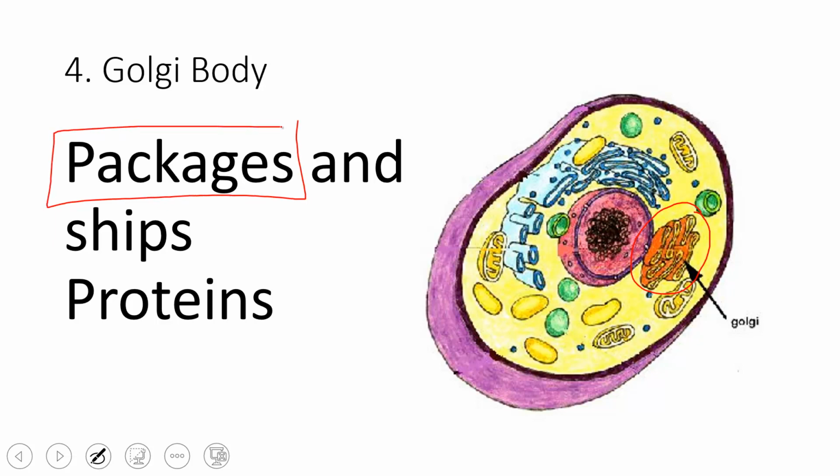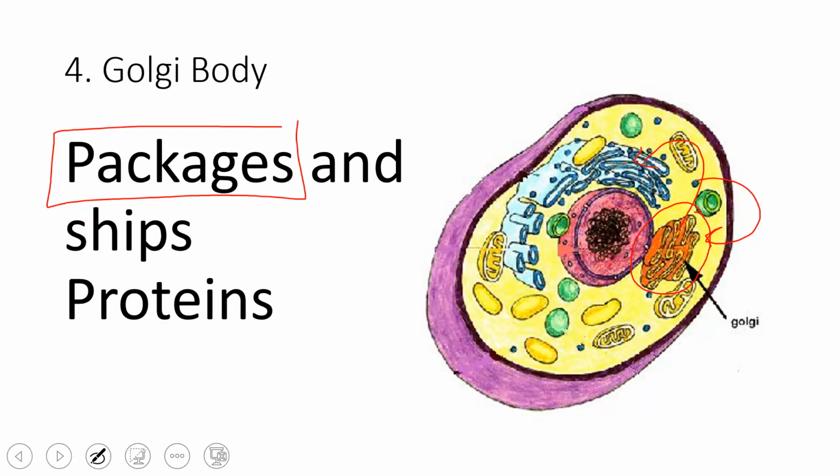What I mean is, once the ribosomes begin to make the proteins, they then go to the Golgi body here so that it can be packaged to be sent throughout the cell. Once the Golgi body packages the protein and it's finally ready to be shipped, the Golgi body will send the protein to the endoplasmic reticulum so that it could be transported.